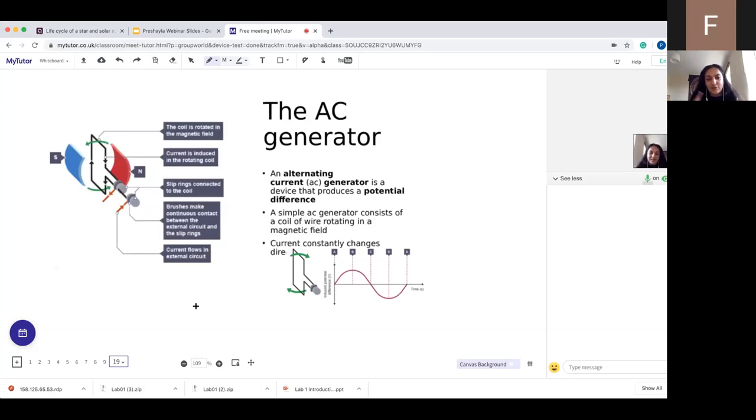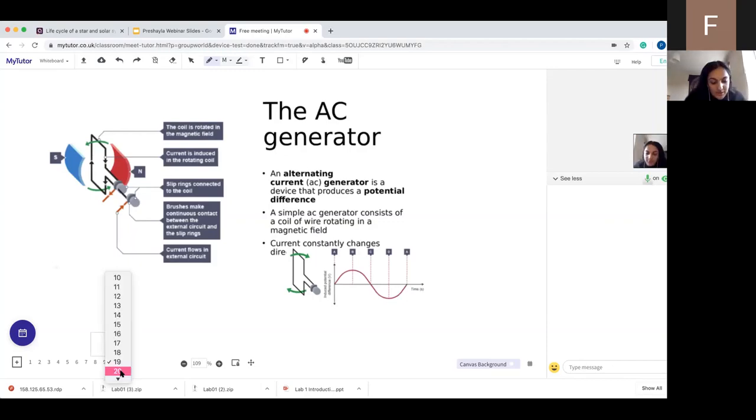Okay, it allows it to do a full turn, and what that means is the current constantly changes direction. So because the coil constantly changes direction because it's allowed to do a full turn, the current will also constantly change direction. And this is how we get an alternating current. So you can see that it constantly changes direction. It goes from positive to negative, back to zero, and so on.